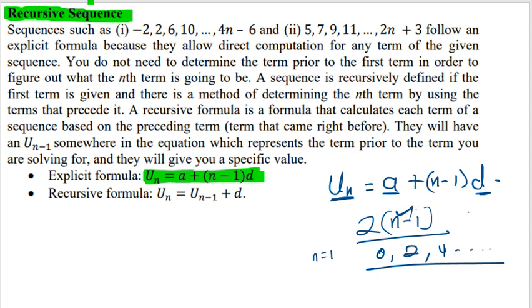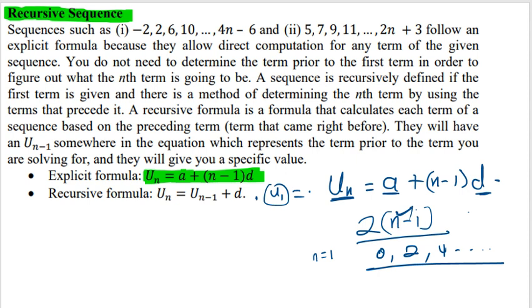But in the recursive formula, we define the formula based on, let's say, u1 being given. Once you know your u1 or your first term, you keep substituting the values of n and your first term into it to get the sequence.